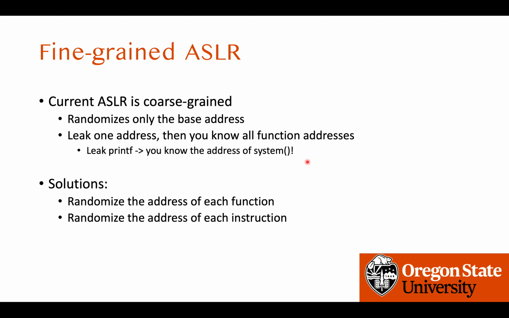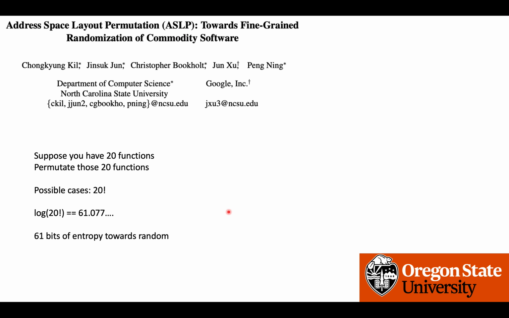So to defeat that kind of attack, one of the solutions is to apply finer-grained ASLR at the granularity of functions or instructions. One paper is called address space layout permutation. In this work, when the system randomizes the program's layout, in addition to randomizing the area itself, it will also shuffle the order of the functions in the program.